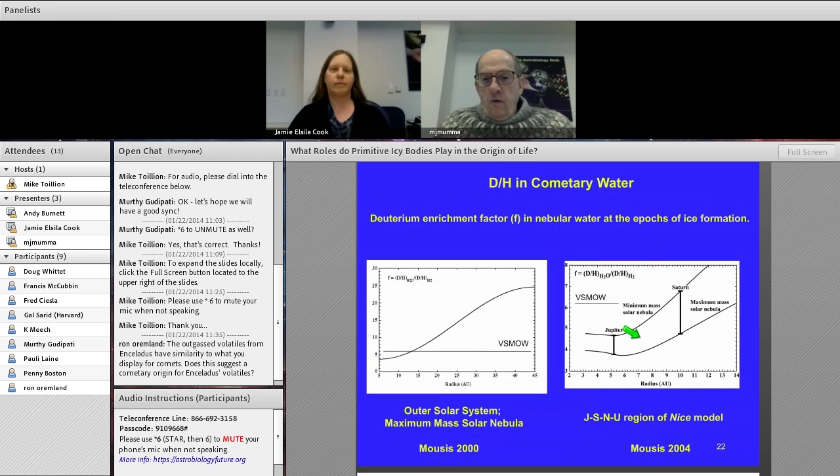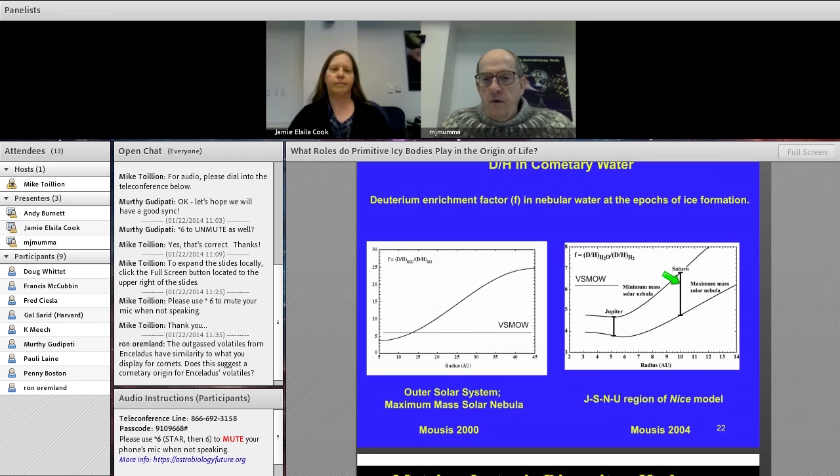We already know from the case of Saturn what the D to H ratio is. It's been measured relative to VSMO in methane, very accurately on Titan. So it's right about where the arrow is now, right about there.